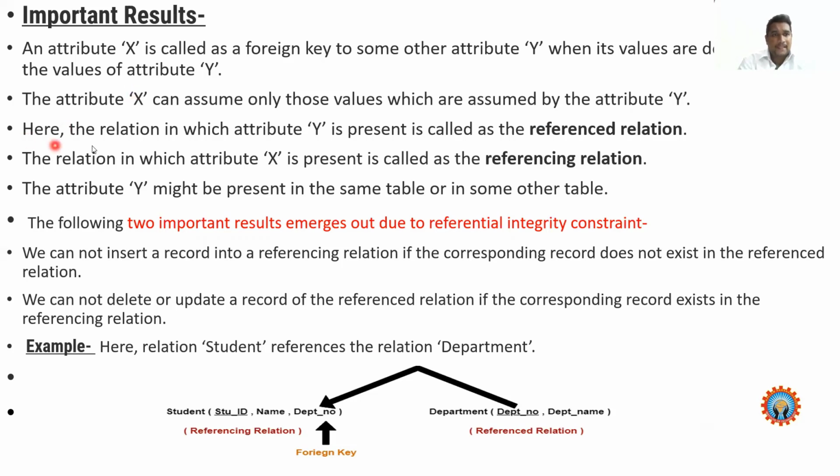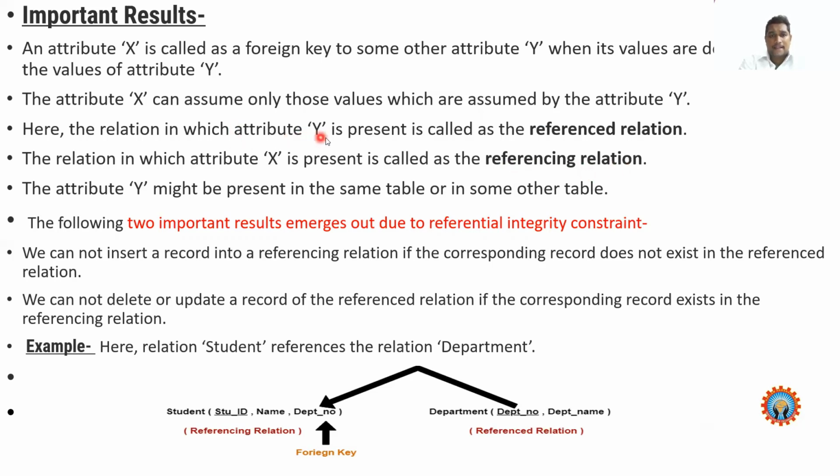Okay, the relation in which attribute Y is present, the master table, is called the referenced relation. So the referenced relation is the master table relation, whereas the relation with foreign key attribute X is called the referencing relation. Okay, so the foreign key attribute relation is called a referencing relation.